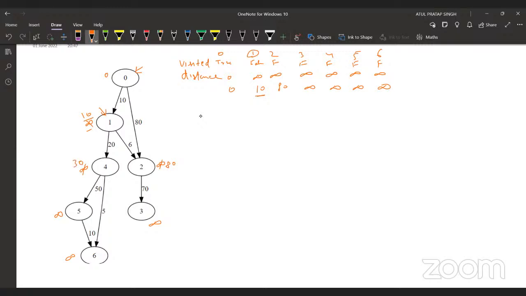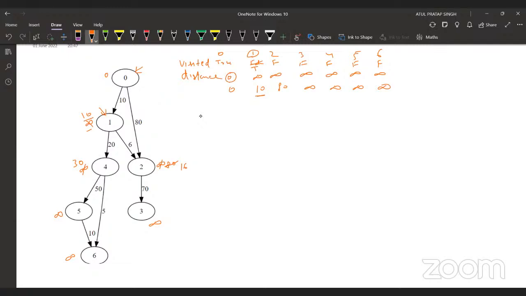Same thing if we are moving from 1 to 2: 10 plus 6 is 16, and the previous value is 80. Okay, so we are getting a lower value compared to the previous one, so we will update it to 16. So we will store this information, and we will also mark that 1 is visited now.